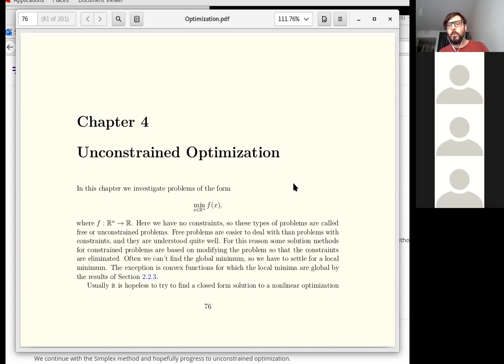The simplex algorithm is based on looking at the direction, a single variable that we can increase to make the cost function smaller. In general, in unconstrained optimization, we don't necessarily have these linear constraints, so we have to deal with something else.